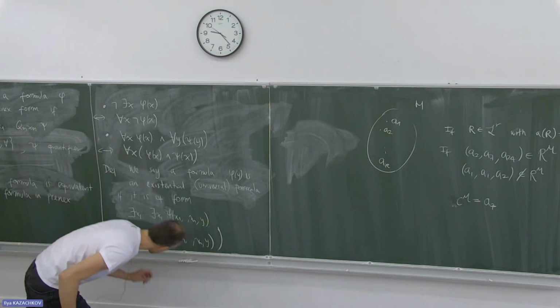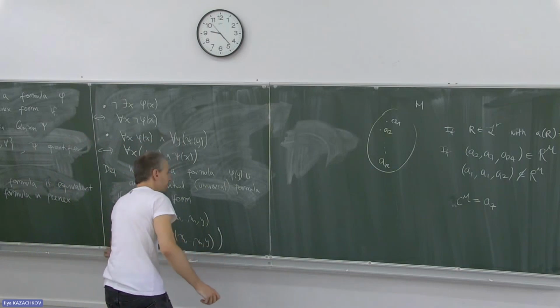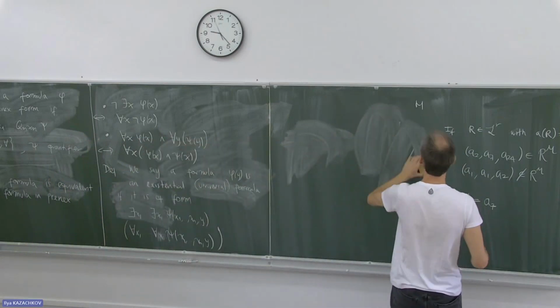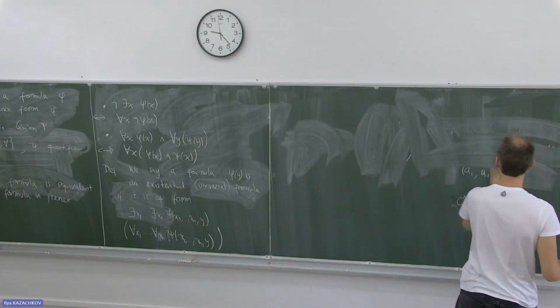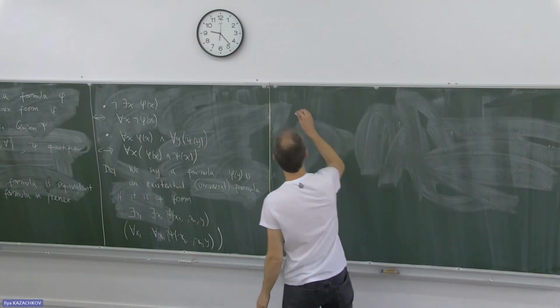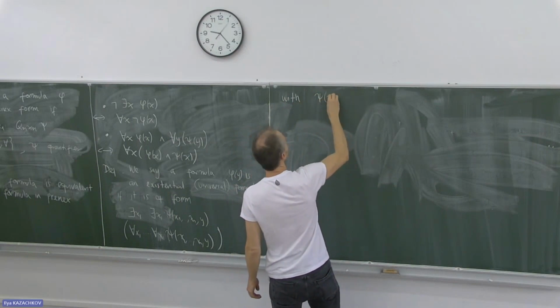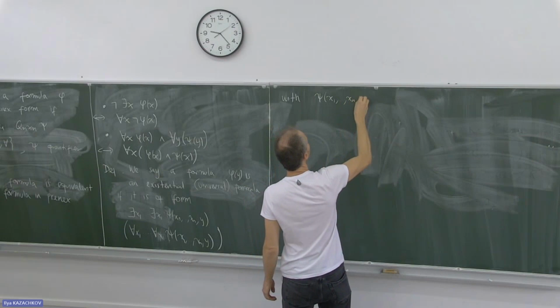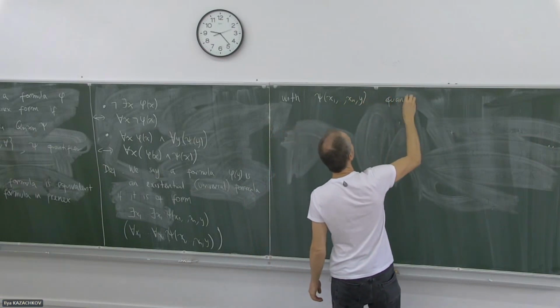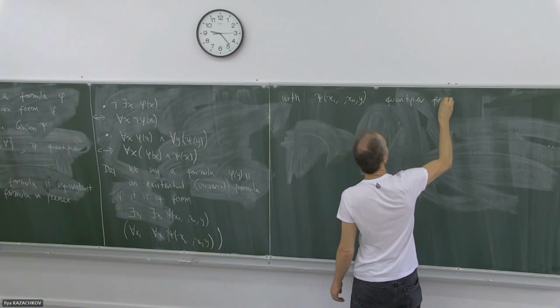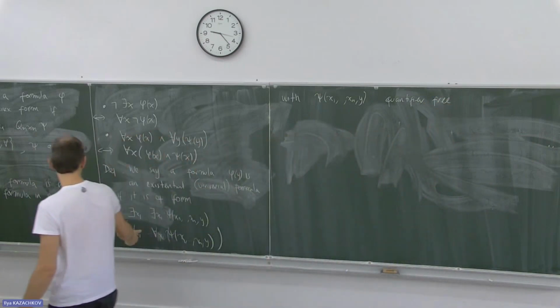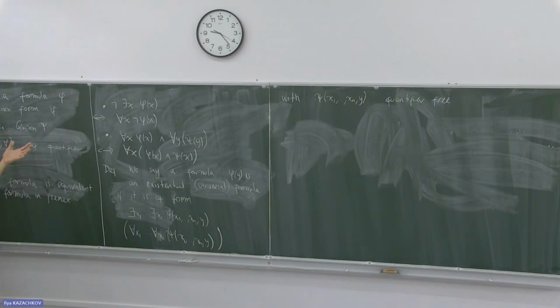Psi here should be a formula which has no quantifiers, so quantifier-free. So those two kinds of formulas, existential and universal, are just formulas in prenex form for which this chain of quantifiers is all existential or all universal. Okay?